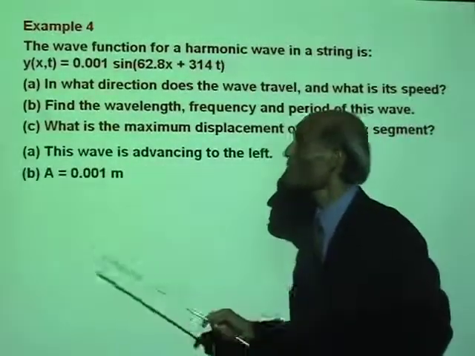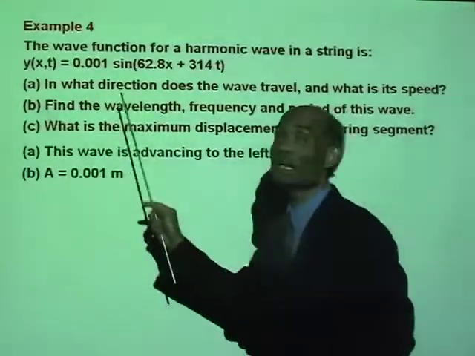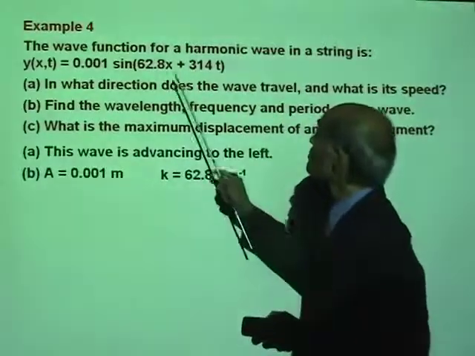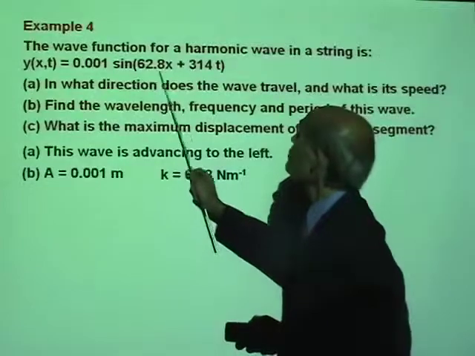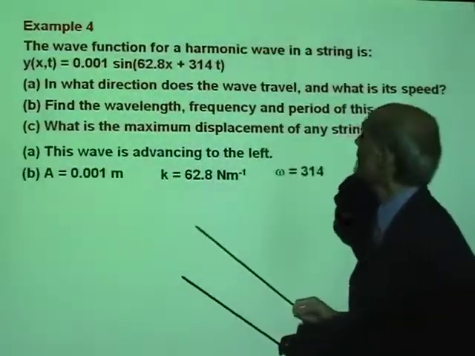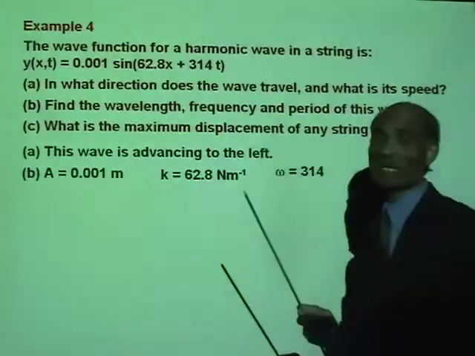B. The amplitude is 0.001 meter. That is the maximum displacement. K is 62.8 Newton per meter. That is your K. What is the 314? Omega is 314.